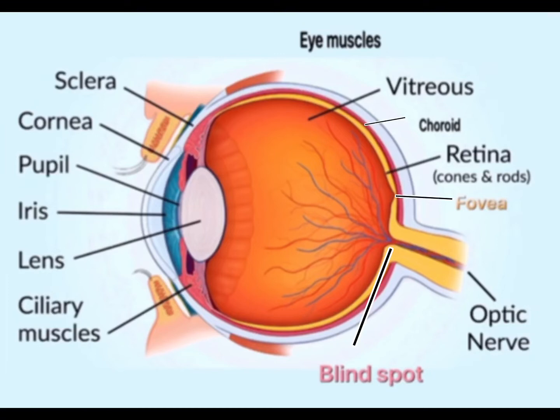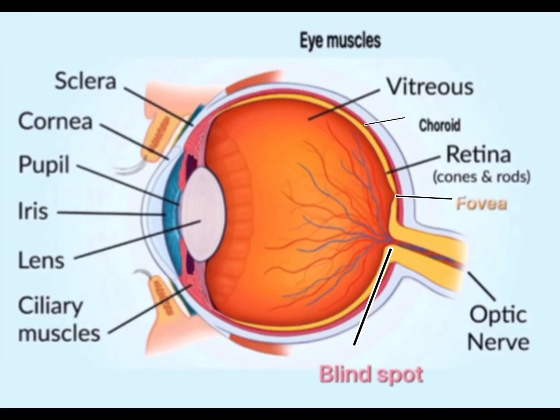Okay, first of all, shall we discuss the fovea? This is the fovea. In the fovea, sensitive cells are present, and the fovea is the most sensitive part of the retina. The sharp images are formed on the fovea.